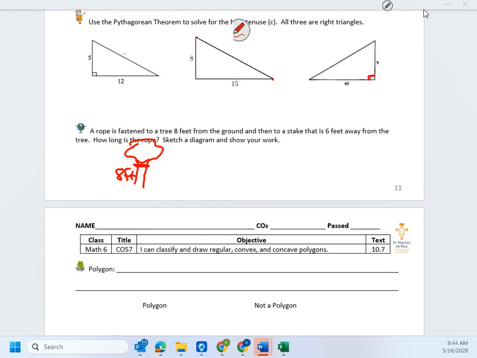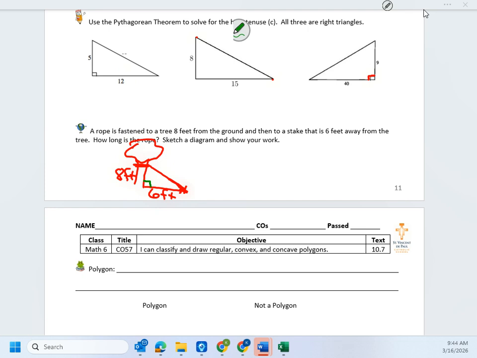Then it says there is a stake that is 6 feet away from the tree, and that rope is staked down right at that 6 feet. When we draw our picture, can we see our triangle? Yeah. So our right angle is going to be right here.